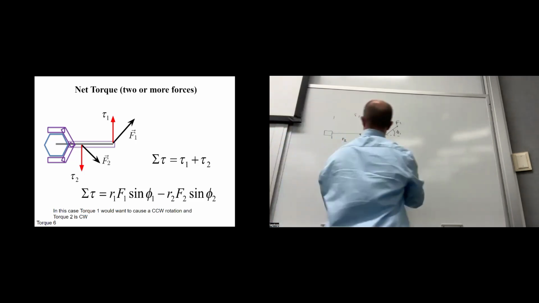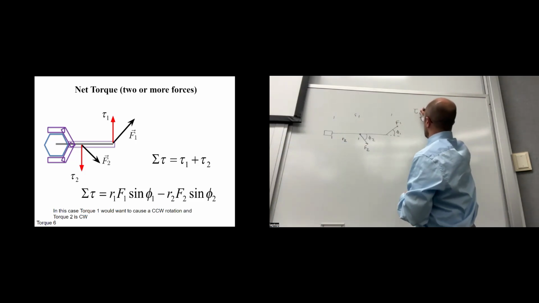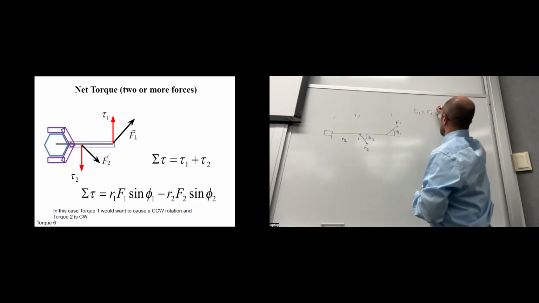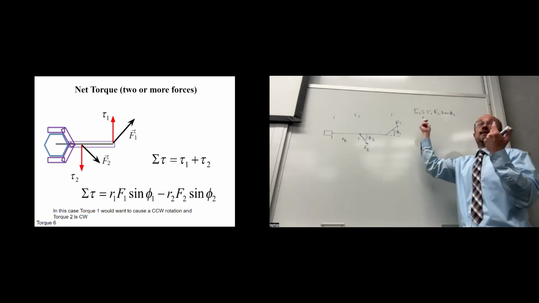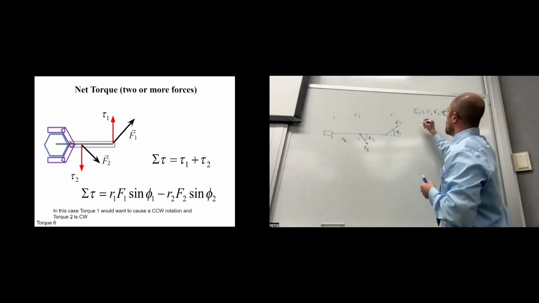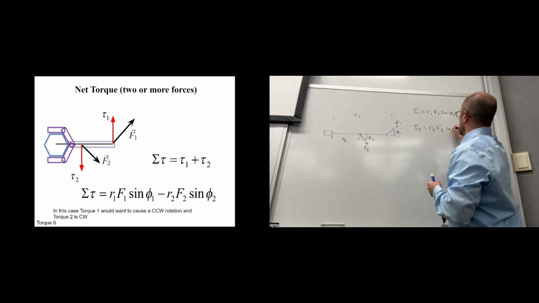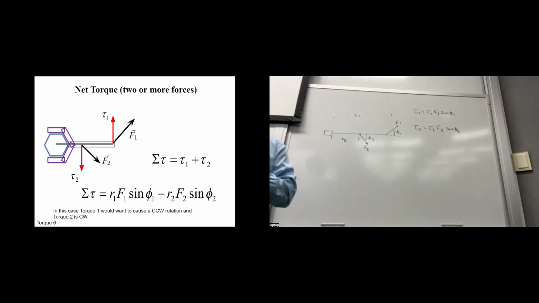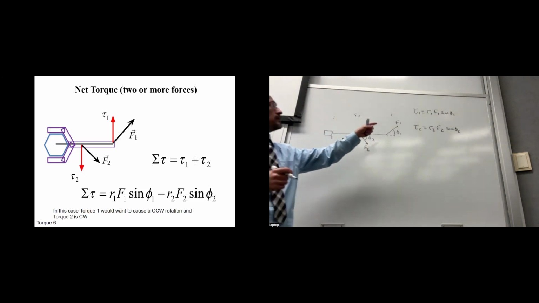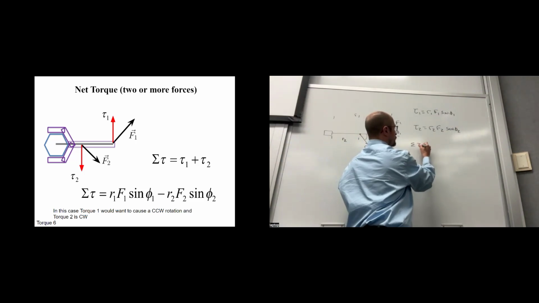So then, once we have our distances, forces, and angles, what we do is we come in and say, well, torque 1 is R1, F1, sine of phi 1. And we can get a value, unless we're looking for one of those, and then we stop with that. Then torque 2 is R2, F2, sine of phi 2. So we calculate torque 1 and torque 2. Now, when we think about adding our torques up, we sum up our torques.